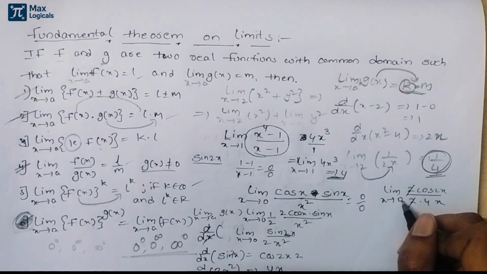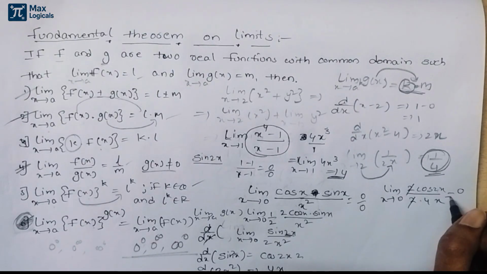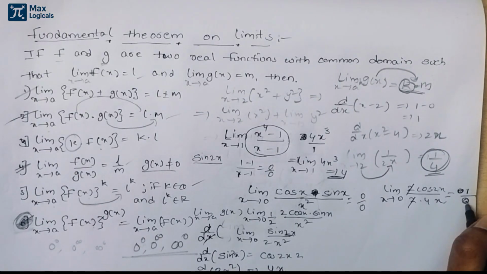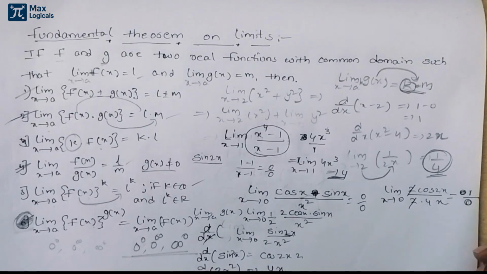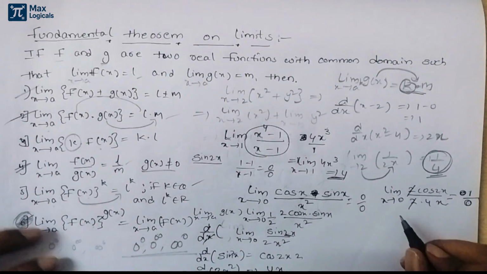Now we substitute 0. The limit as x tends to 0 of cos 2x gives 1 by 0, which is also an undetermined form. So again we apply the L'Hospital rule.